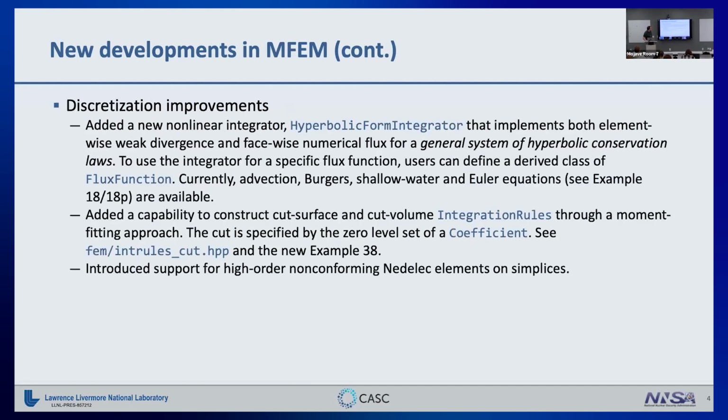On the discretization side, there was a big rework of example 18. The example is exactly the same in terms of functionality, but under the hood it was rewritten to make it a bit more general. So you can have a hyperbolic form integrator, which allows you to specify not just Euler, as it was written, but other systems of conservation laws.